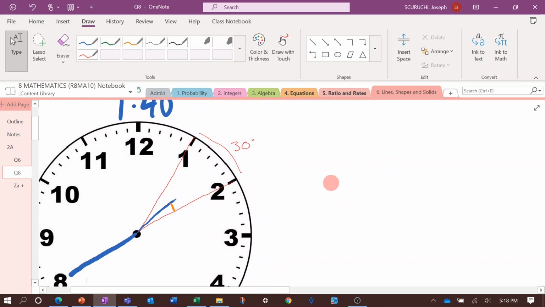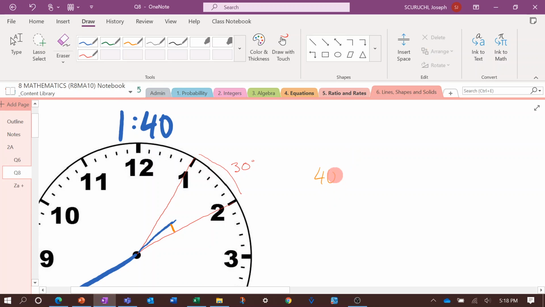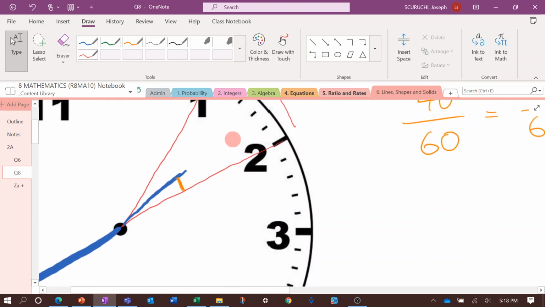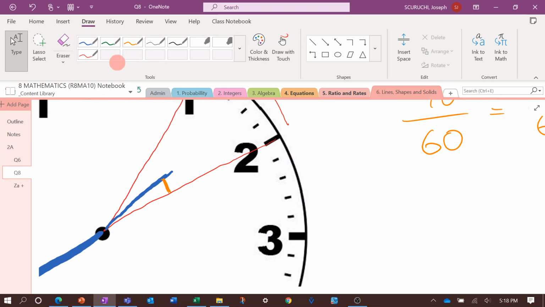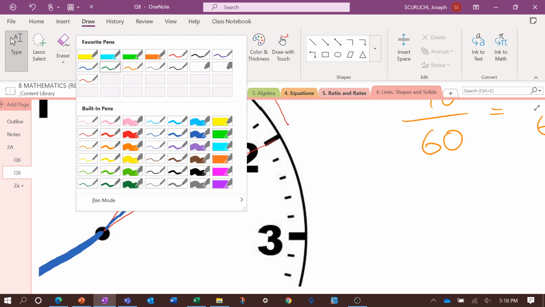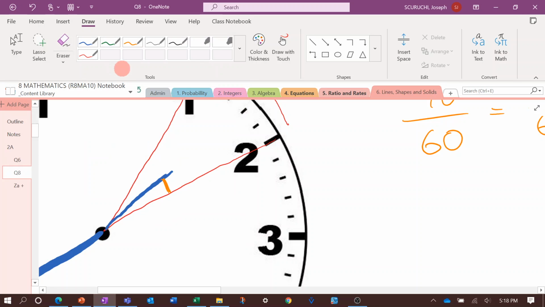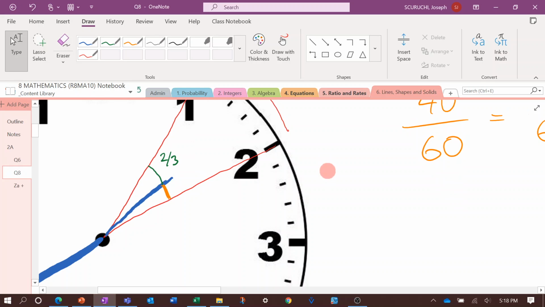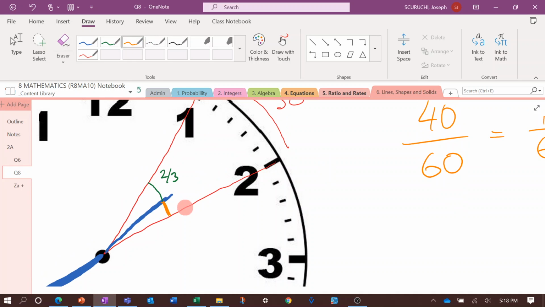Well, we're going to do it exactly the same way we did the previous ones. So I know that I have a total of 40 minutes out of 60, and that's the same as 4 on 6, which is the same as 2/3. So what that means is, if I was just to grab another color here, let's do this in green, I have covered 2/3 of the distance between this 1 and this 2, which means what's left here is 1/3 of the distance.